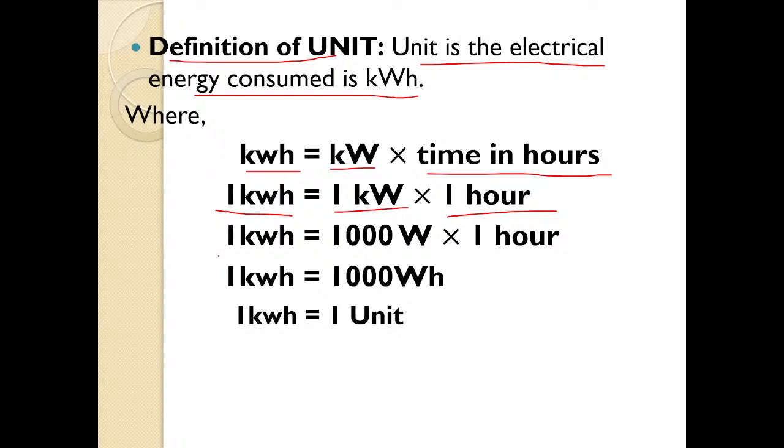Rewriting the above equation, 1 kilowatt hour is equal to 1000 watt into 1 hour, so I can write it as 1000 watt hour. So 1 kilowatt hour is equal to 1 unit, which means 1 unit is equal to 1000 watt hour.